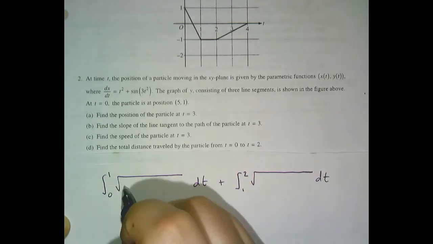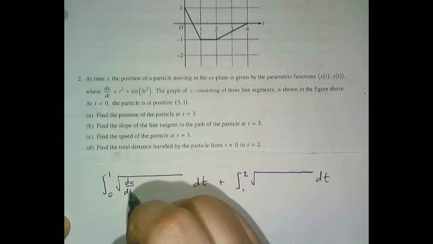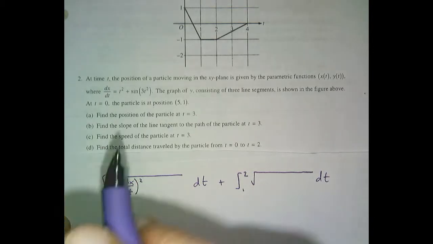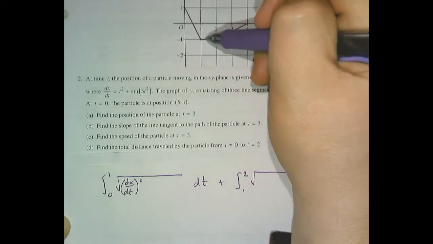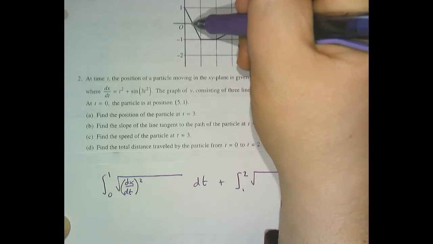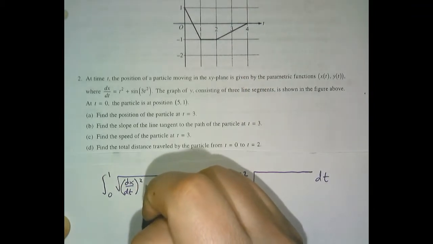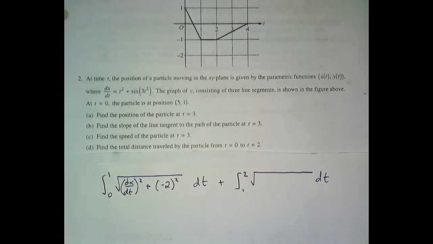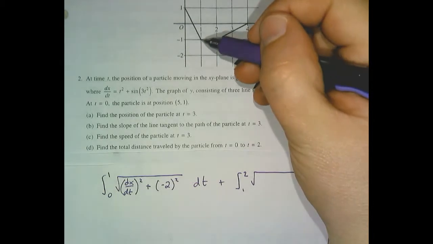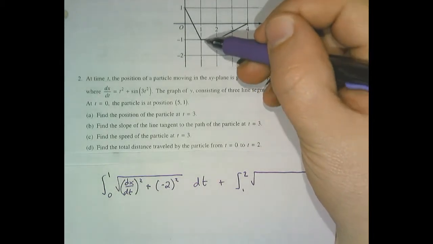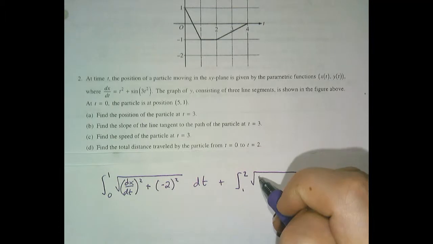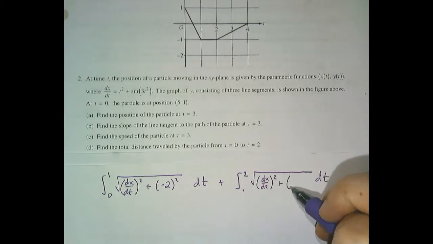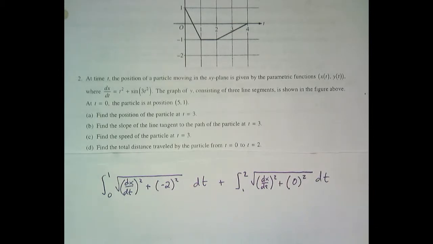So in the first case, dx dt squared, and the slope of y on that interval 0 to 1 is down 2 over 1, or down 1 over half. Either way, the slope is negative 2 on that first interval. On the second interval, from 1 to 2, our dy dt has a slope of 0. So the dx dt gets squared plus our dy dt is 0.